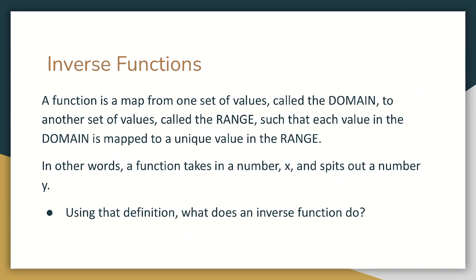So when we talk about functions, we're talking about function notation, f of x. So something like f of x is equal to 2x plus 3. This is a linear function, and it's written in slope-intercept form. It's written in function notation form. A function is a map. What does a map do? It tells you where to go.